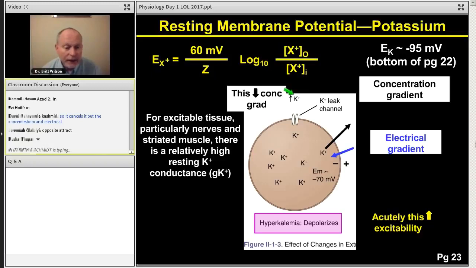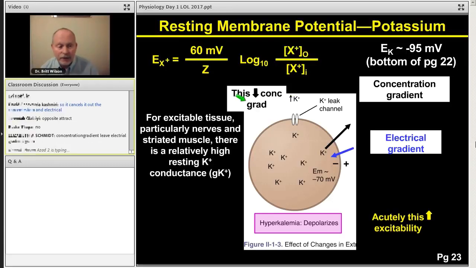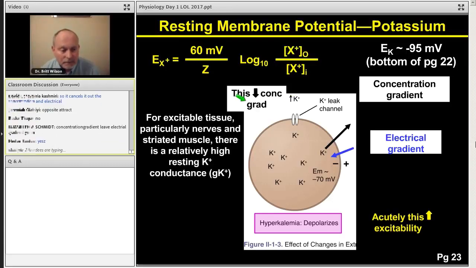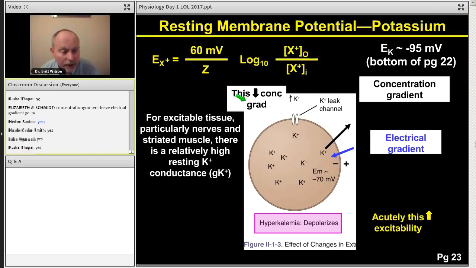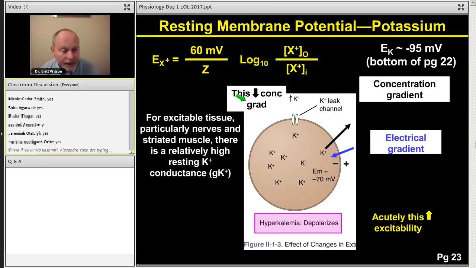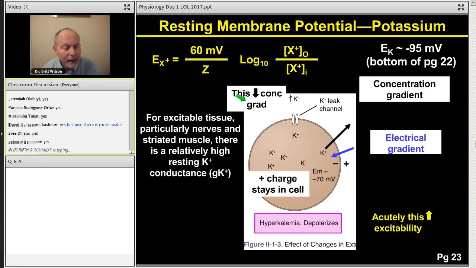Do you agree that if I increase potassium outside the cell, this decreases the concentration gradient? If there's less of a concentration gradient, then maybe some of that positive charge is going to stay in the cell.